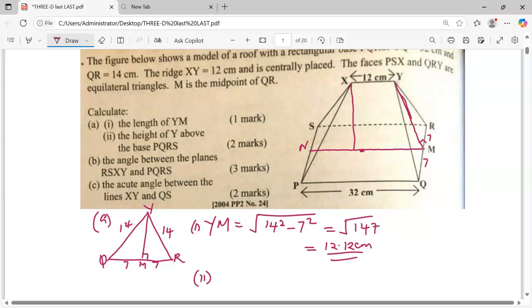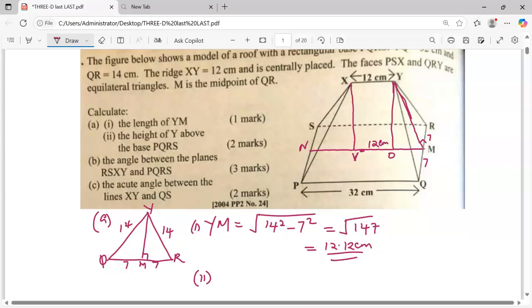Let me call it N, so we have NM. We also drop another one at this particular point from Y. We can call this one a point O, where XY, and NO is going to be 12 centimeters.